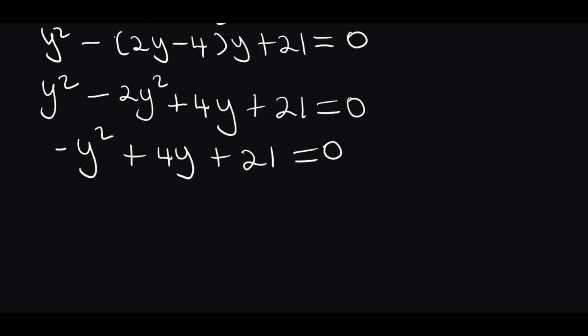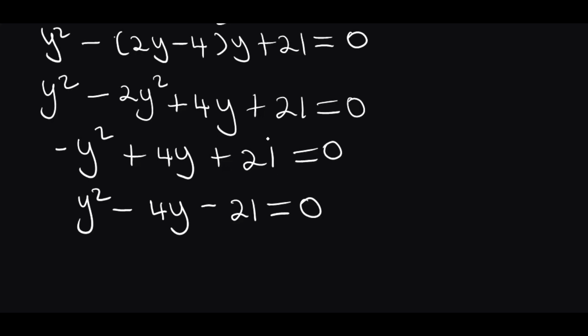Now we need to divide throughout by negative, meaning we will have y squared minus 4y minus 21, that is equals to 0.